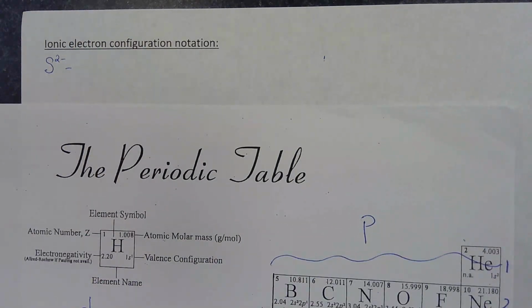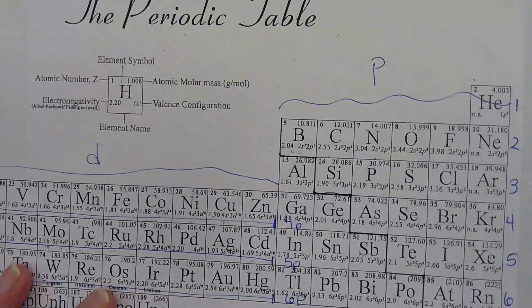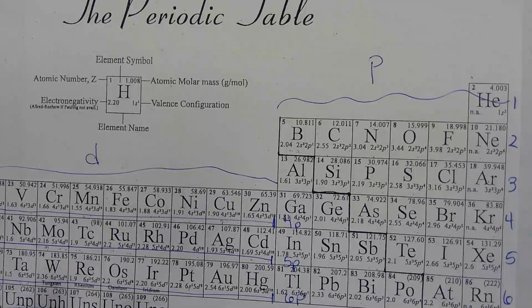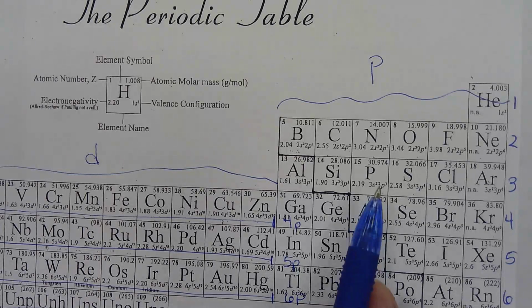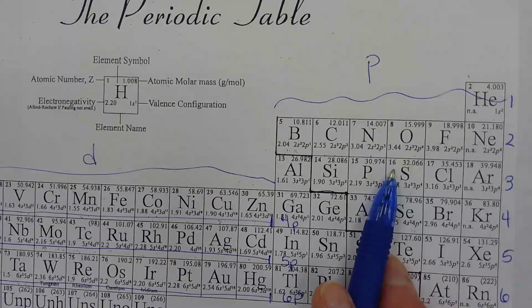All right, let me ask you some questions. Now listen to my question. How many electrons does normal sulfur have? Just normal sulfur, total. 16.